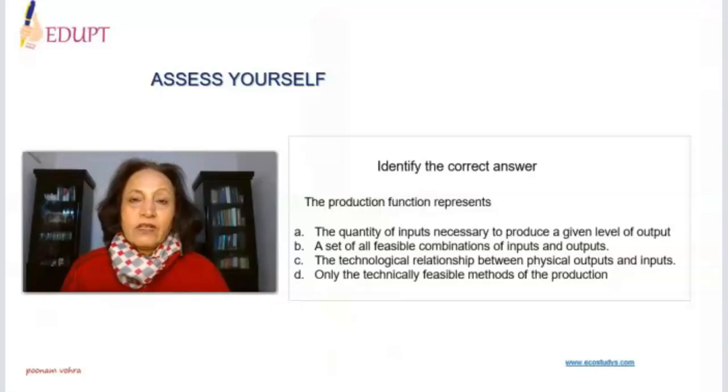4 options are given. You need to identify the correct option for the statement. That is, a production function represents A, the quantity of inputs necessary to produce a given level of output, B, a set of all feasible combinations of inputs and output, C, the technological relationship between the physical outputs and inputs, and D, only the technically feasible methods of production.